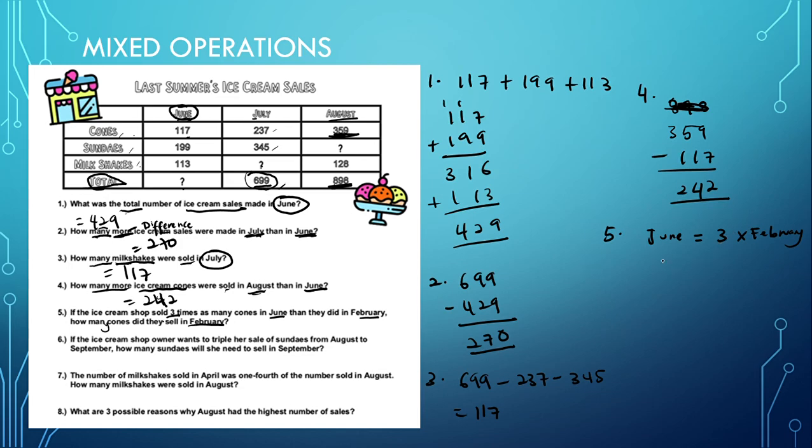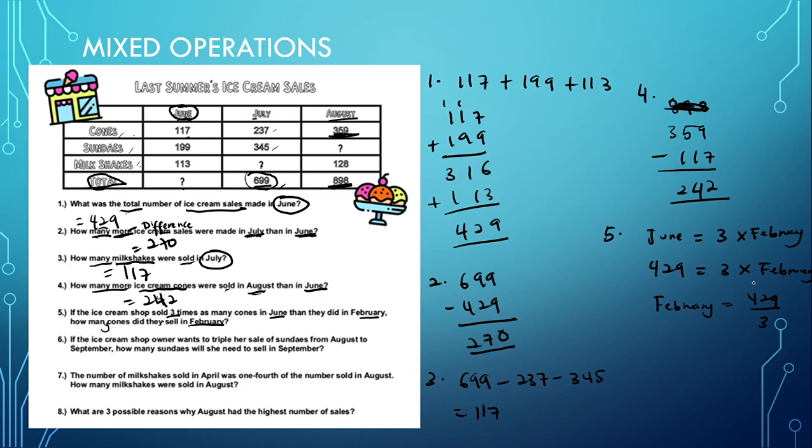So since we know June, the total ice cream they sold is 429. So we need to find the February. That would be 3 times the February. So in February, we will get 429 divided by 3.